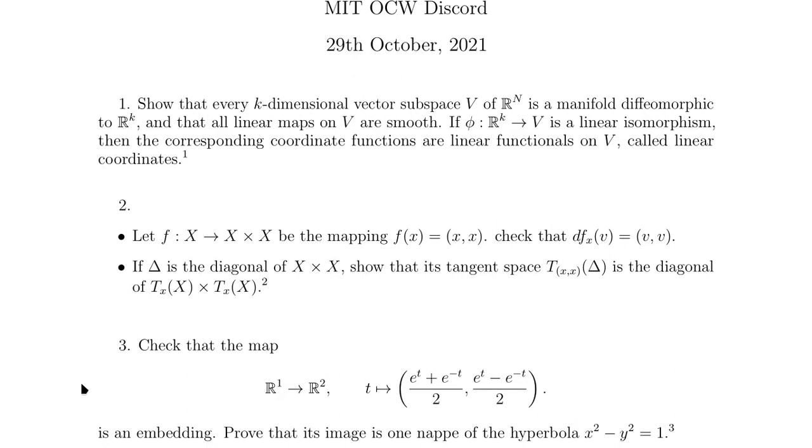Since they're linear, they're smooth. So those would be the linear functionals. I think linear functionals make more sense when you talk about them in terms of bilinear forms, but a dot product is a bilinear form.